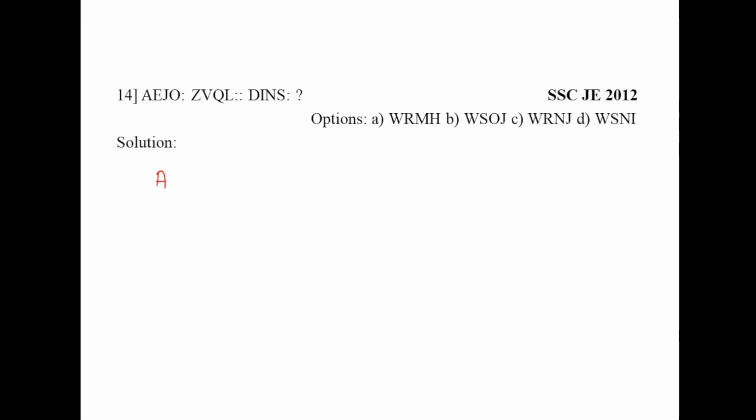It's like A, E, J, O, and it has a relationship with Z, V, Q, L, and what is actually the relation for D, I, N, S, and the question mark series. Okay, so on the left side I will write A is 1, E is 5, J is 10, O is 15, Z is 26, V is 22, Q is 17, and L is 12, right?